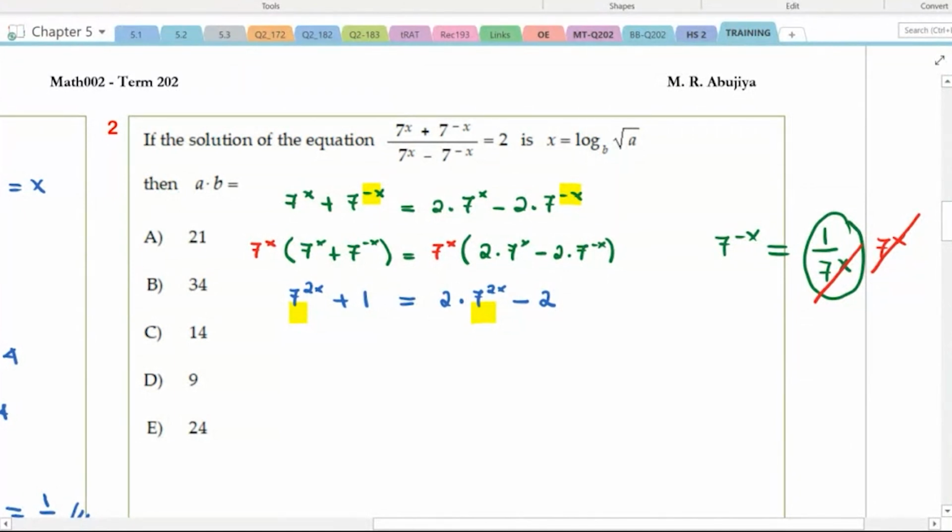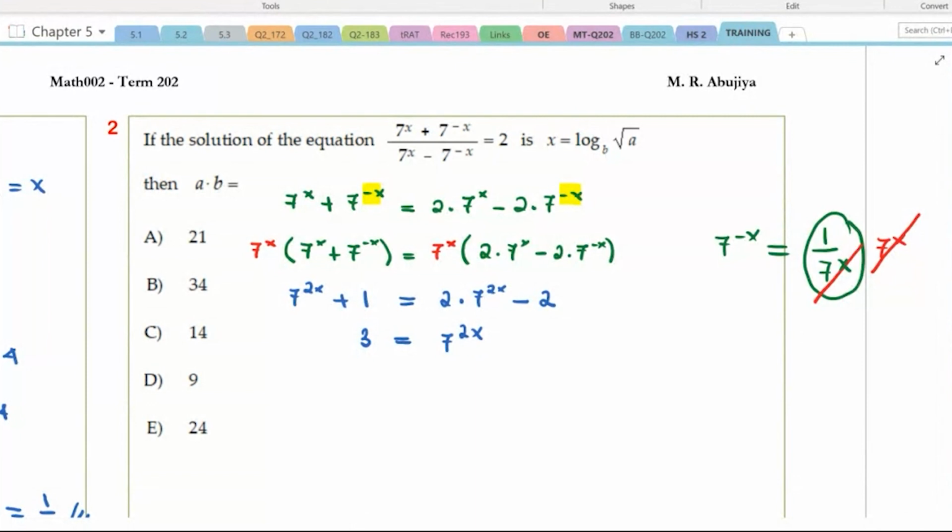So we can bring both of them to the left side. Or you can say, no, I want to bring minus 2 to the left side so that it becomes positive. The choice is yours. It is fine, whichever you do. So if we bring the minus 2 to this side, we are going to get 3 to be equal to, now bring the 7 to the power of 2x to the right side. That is going to give us 7 to the power of 2x alone. Now what do we have here, gentlemen?